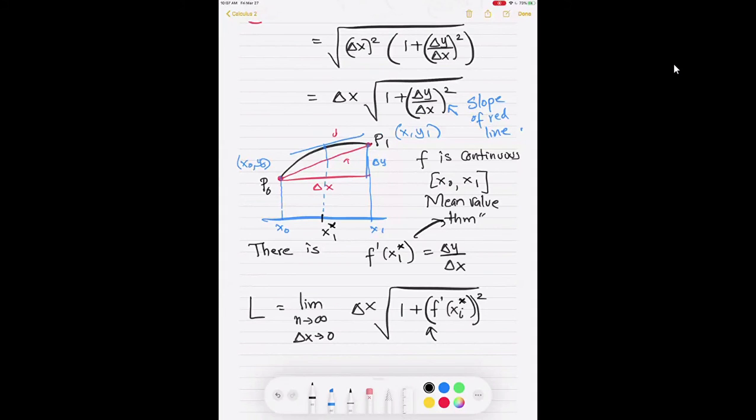So I'm just going to say this is the Riemann sum. Because your summation, I'm going to write it a bit more carefully. So this is going to be a Riemann sum.